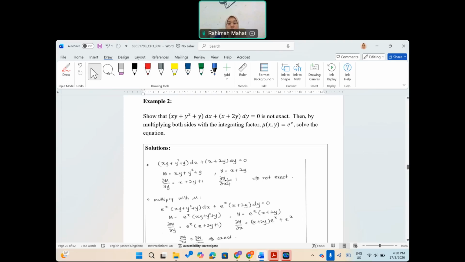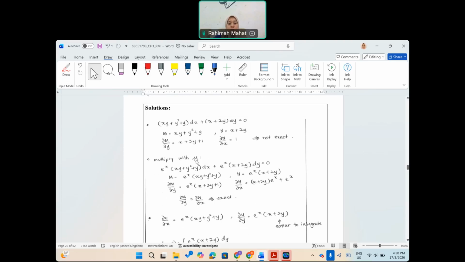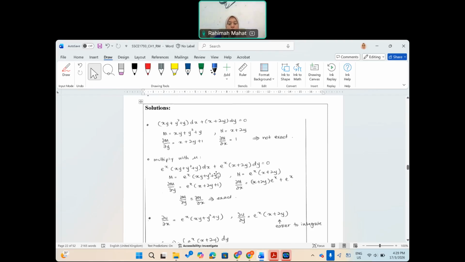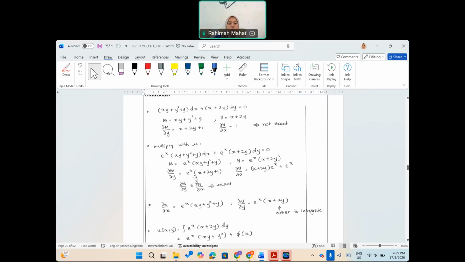Because that is not equal, you multiply with mu, where mu is e to the x. So multiplying, you will get e to the x times all the equation here. So you will get e to the x times (xy plus y squared plus y), and delta M over delta y is equal to e to the x times (x plus 2y plus 1).